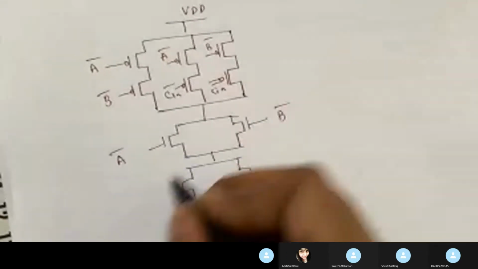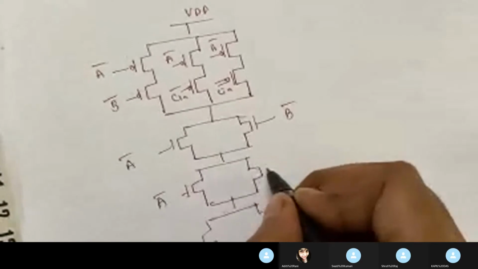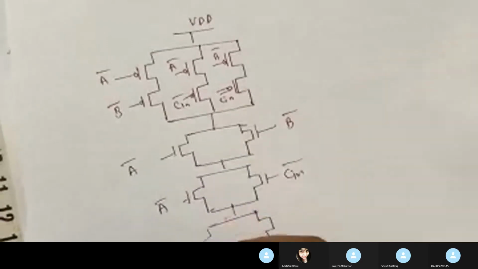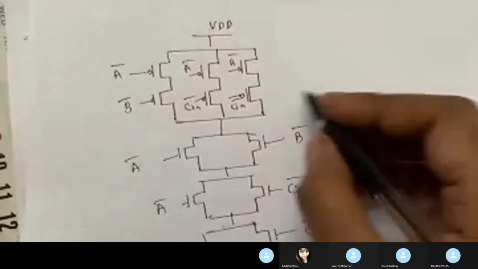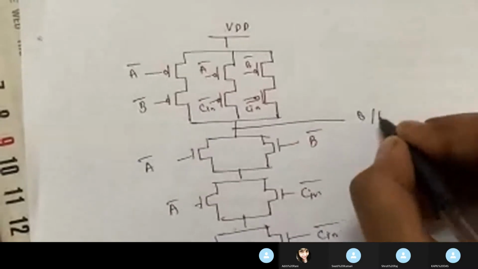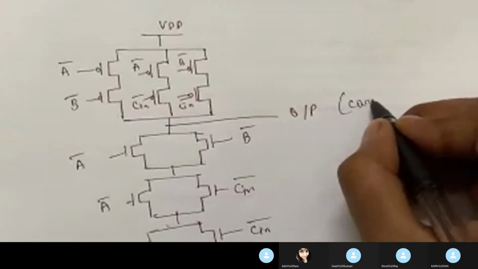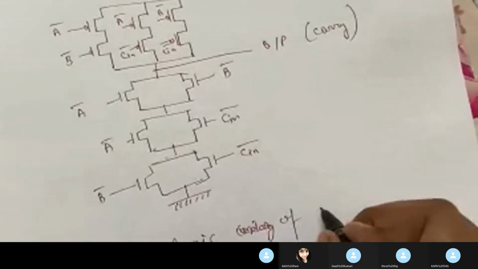A bar, B bar, A bar, C in bar, B bar, C in bar. It's connected to ground. This is my output. This is carry. So this is my CMOS logic of carry for full adder circuit.